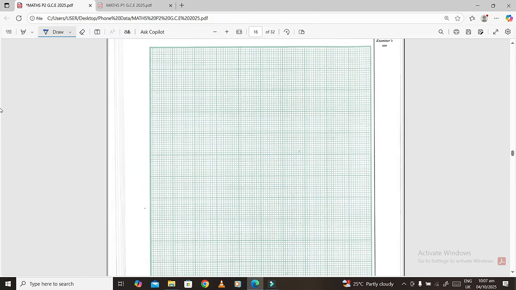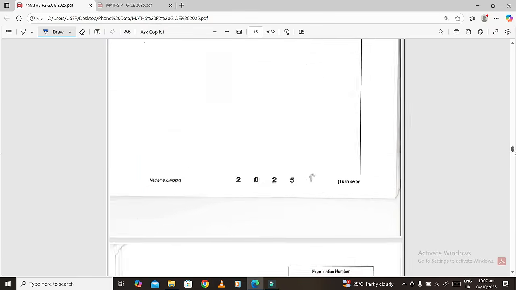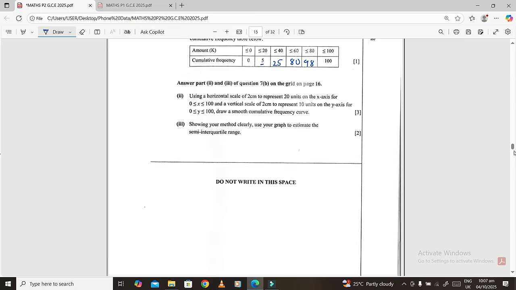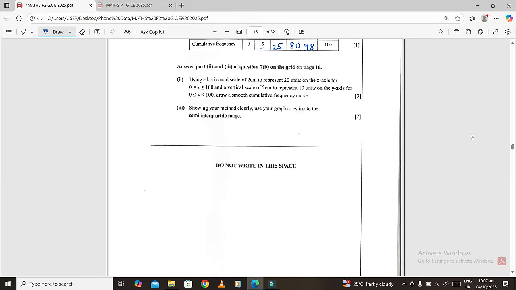Okay, so here my drawing will be a little bit horrible, so don't mind very much, but I'll give you an idea on how you're supposed to graph this. So they are saying 2 centimeters to represent 20 units on the x-axis.